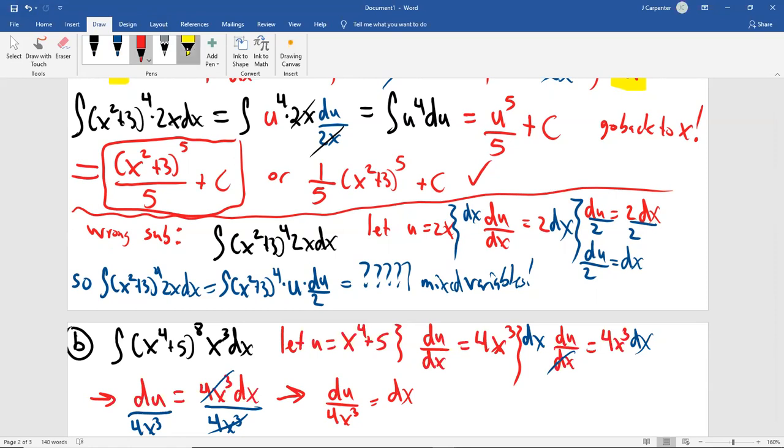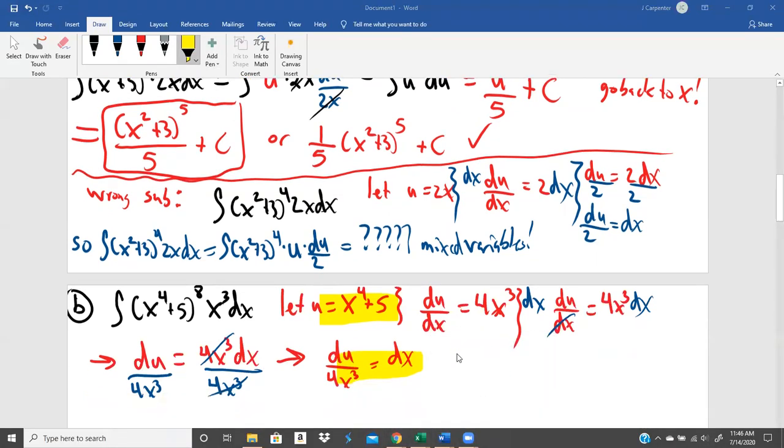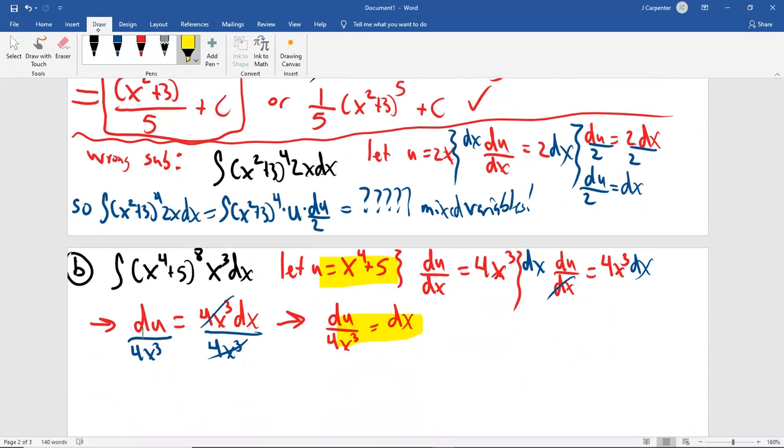So again, in terms of what's important for the substitution, it's the let statement. We're going to rewrite the x to the 4th plus 5 as a u, and the dx statement. So our original integral, x to the 4th plus 5 raised to the 8th times x cubed dx, will become the integral of, instead of writing x to the 4th plus 5, I'm going to write u.